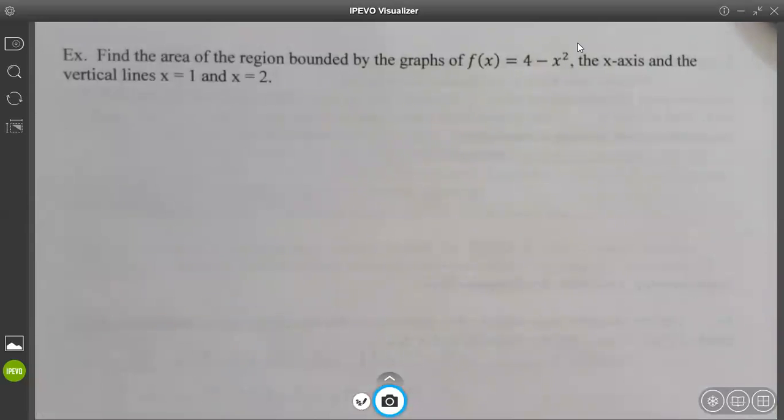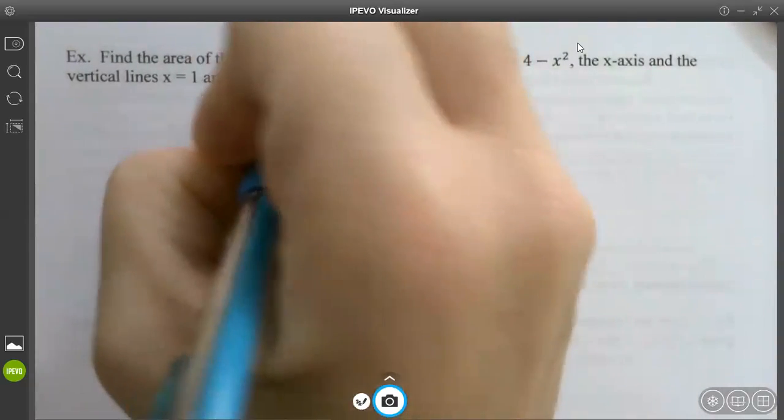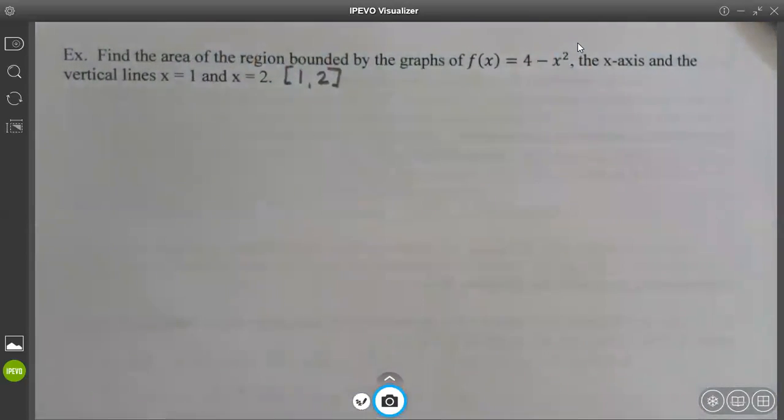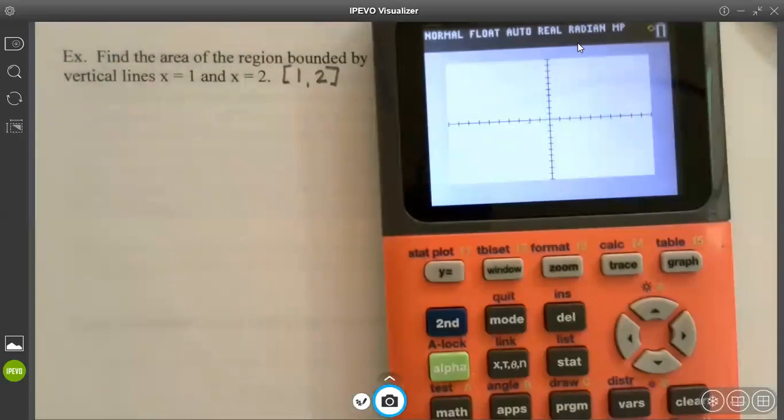I'm going to ask one more time. Vertical lines x equals 1 and x equals 2. What does that give you? Your interval. We always need to check. 4 minus x squared looks like this, and we're going from 1 to 2.